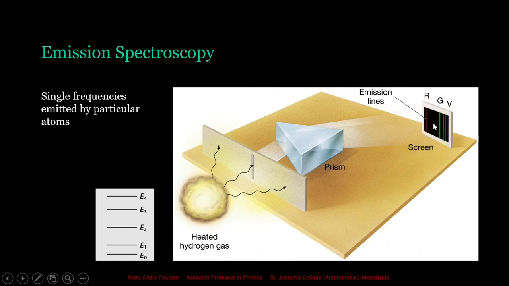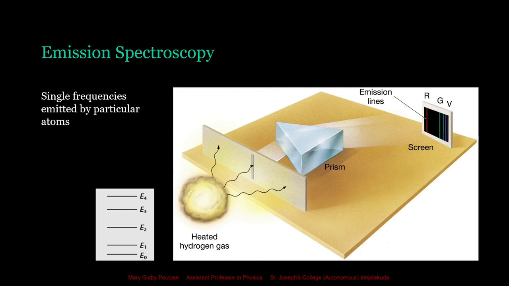If you observe the screen here, we can see a red line, a green line, a blue line and two violet lines. So only these wavelengths are being shown from this gas.